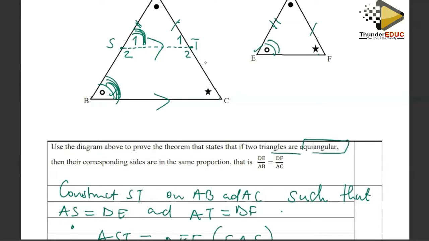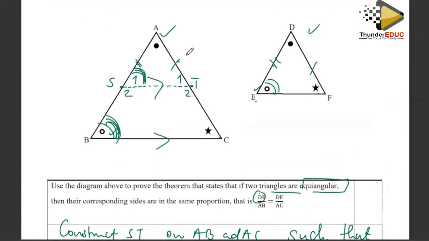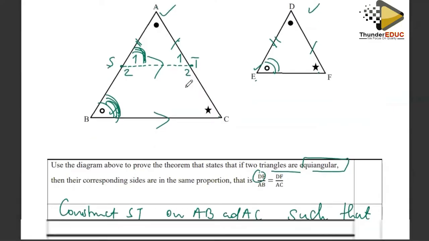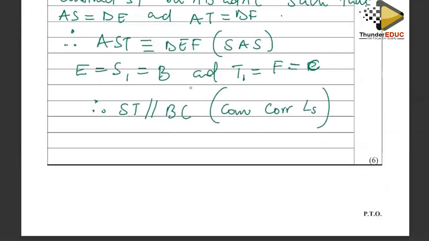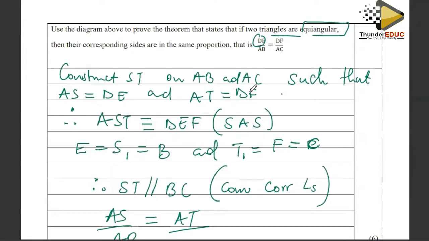So they started with DE. DE is the small side over the bigger side. So I'm going to say AS over AB should be the same as AT over AC.